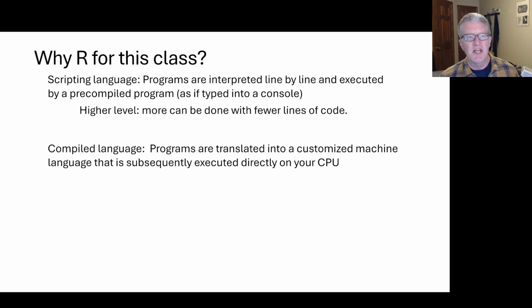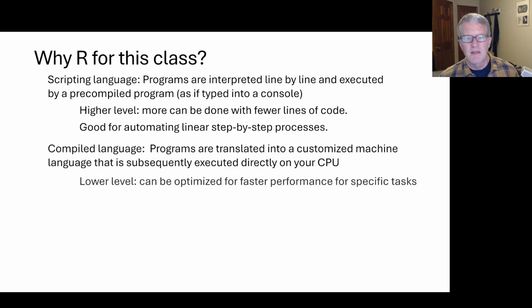Scripting languages generally operate at a higher level, meaning they can generally accomplish more with fewer lines of code. Because programs and scripts tend to be fairly linear in nature, they are good for scientific workflow that follows a step-by-step process. Compiled languages are lower level in that the individual lines of code can accomplish more specific tasks with memory allocation in the processor.